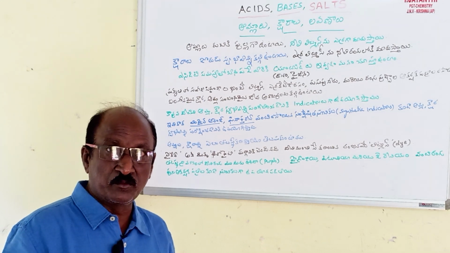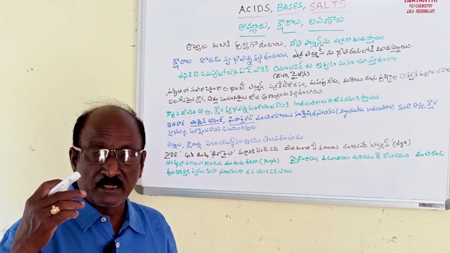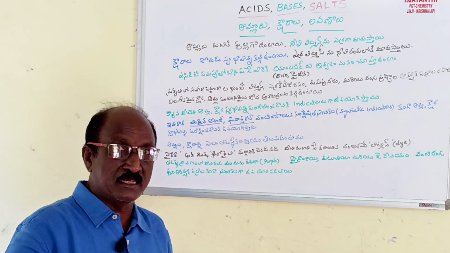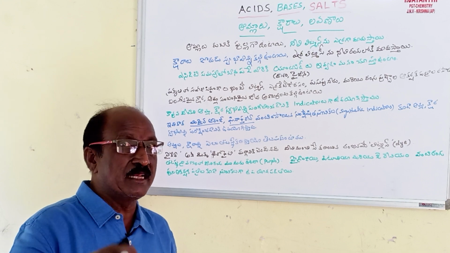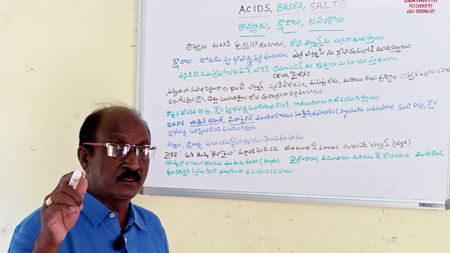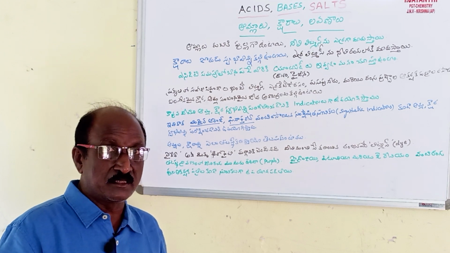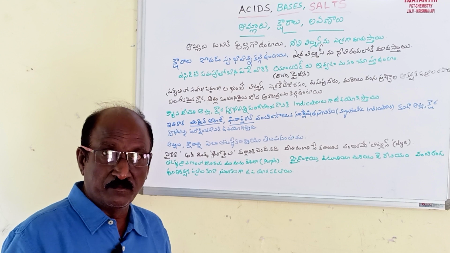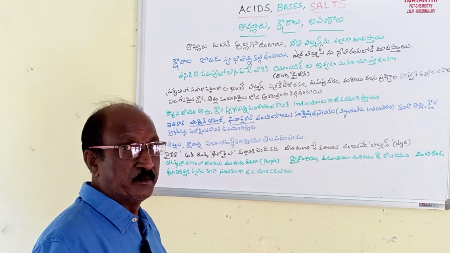So they prefer to take antacid. Antacid means an anti-acid. It will neutralize the reaction so that the food gets digested easily and it gives very good relief for such kind of people.